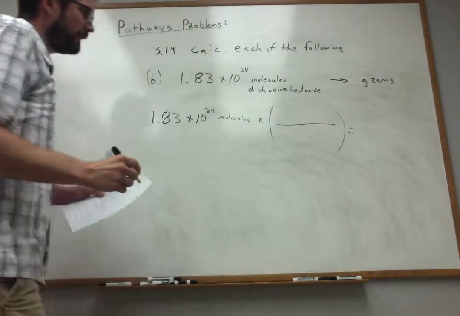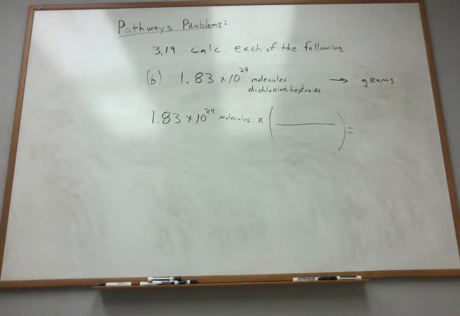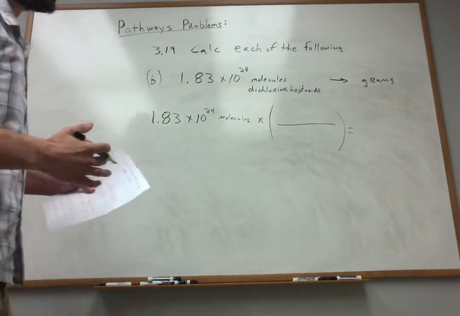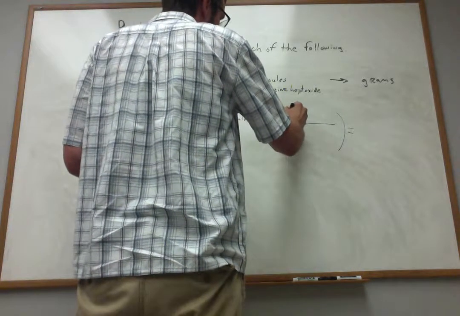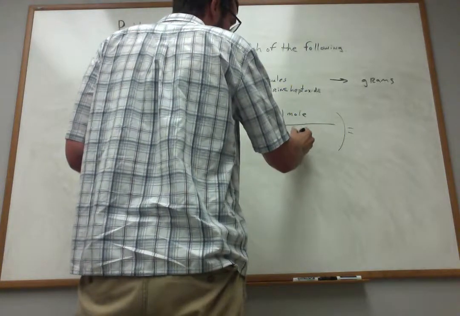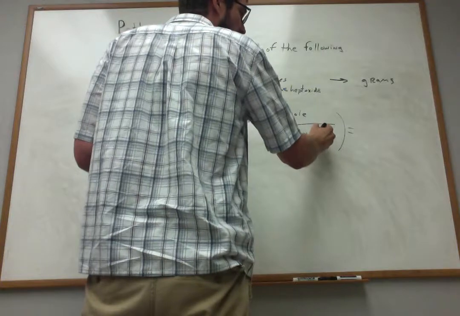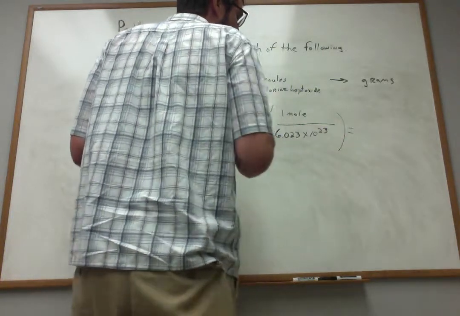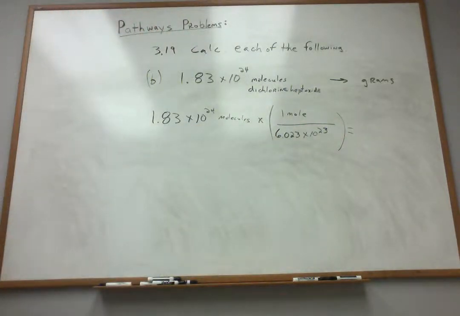If you're ever given the number of molecules or the number of formula units, you can always convert to moles by remembering Avogadro's number, 6.023 times 10 to the 23rd. There are always that many particles in a mole.